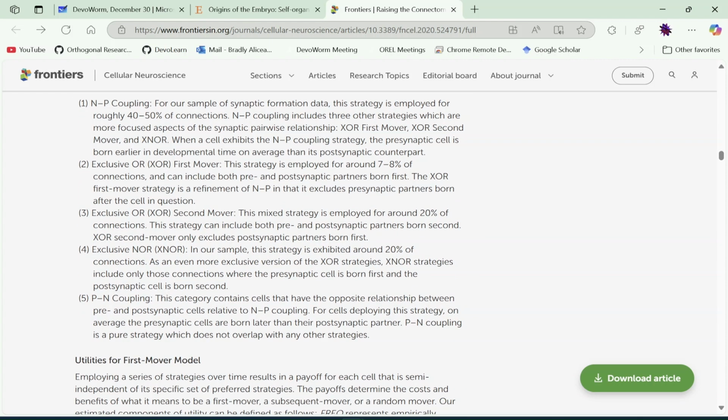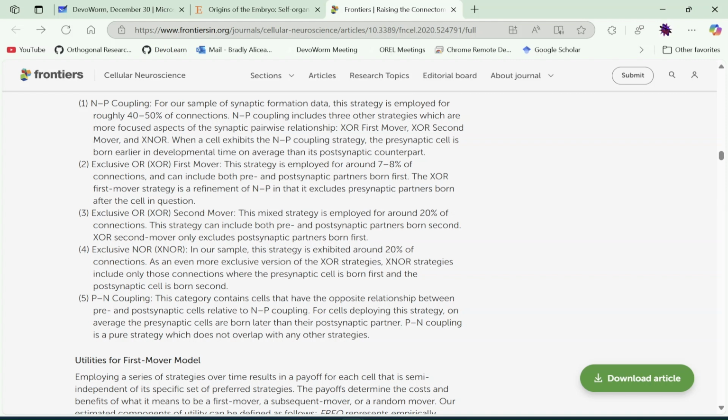Then we have exclusive OR second mover, which is a mixed strategy, so it's not a pure strategy. What I mean by mixed strategies is it can include both pre and postsynaptic partners, so it has fewer constraints on it. It's employed for around 20% of connections, and exclusive OR second mover only excludes postsynaptic partners born first. So there are different exclusions that are made to the data in formulating these strategies and looking at how they explain the data.